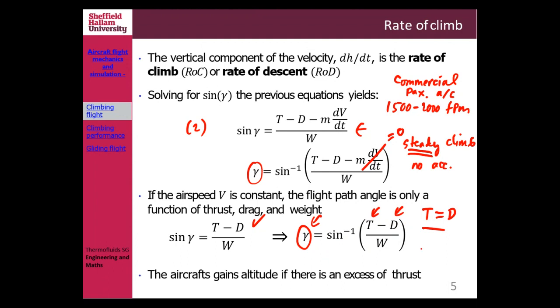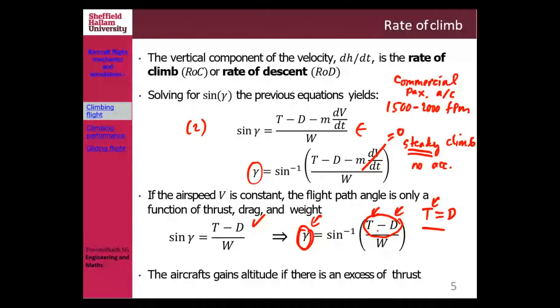So in our climbing case, if you want your aircraft to climb, then your thrust should be at least bigger than D. So that becomes something divided by W, and you get your gamma there. If T equals D, this becomes 0, then your gamma will not exist. So there will be no climb, okay?